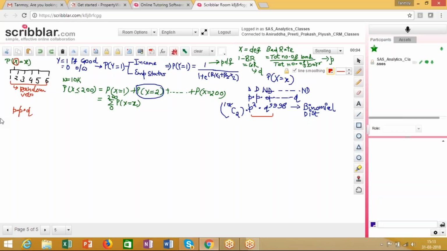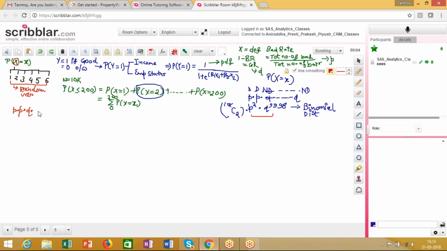Now, similarly, I wanted to know what is the chance of getting two successes, right? If the first two have come out as success, that means the remaining 998 trials will go as failure. That is, two defaults have realized, the others are non-defaulters.